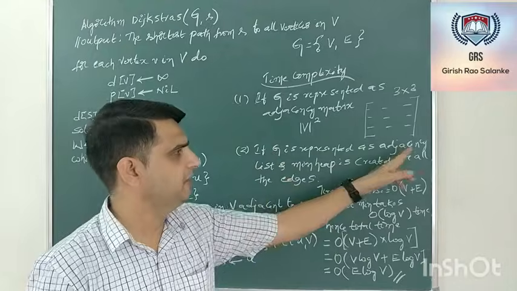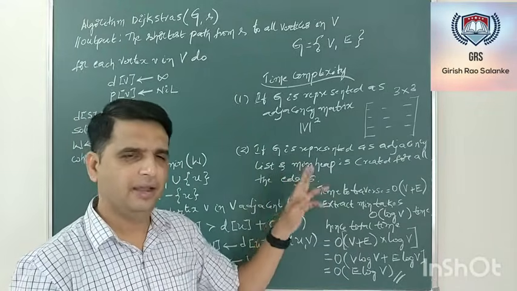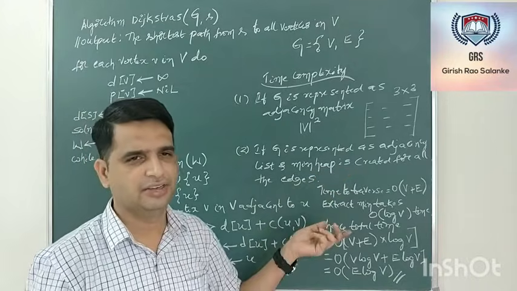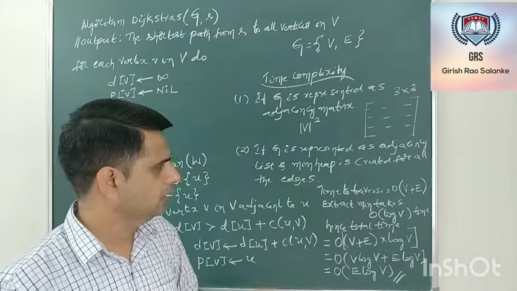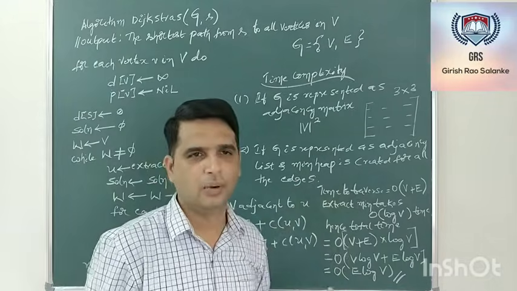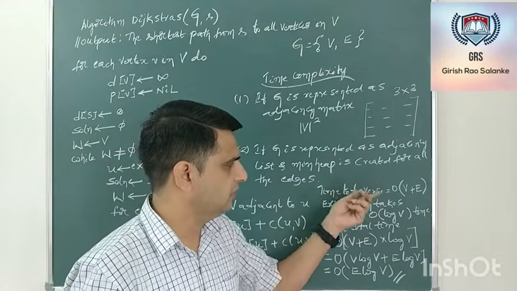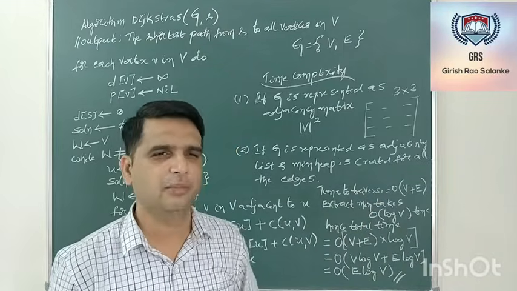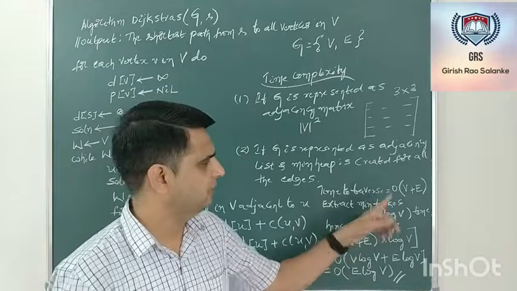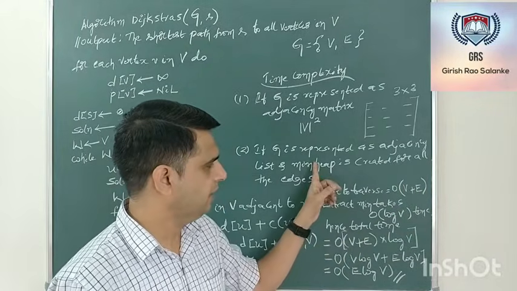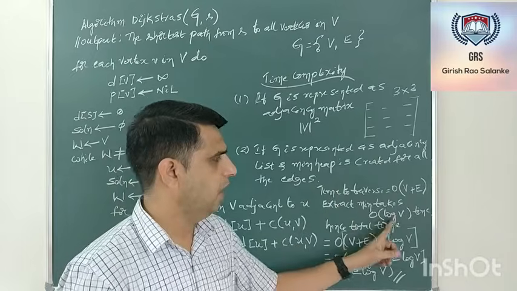If it is represented in the form of an adjacency list and a min heap is created for all the edges while developing a priority queue, then the time taken depends upon the time to traverse each of the nodes, which depends on the traversal scheme. Assuming that I am using either BFS or DFS, both take order of V plus E time, and the extract min operation takes log V time.